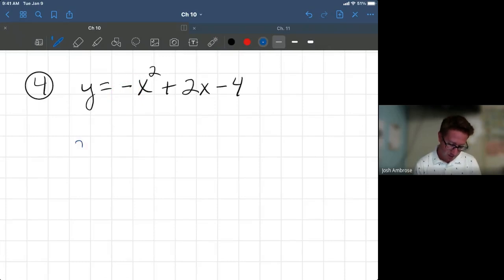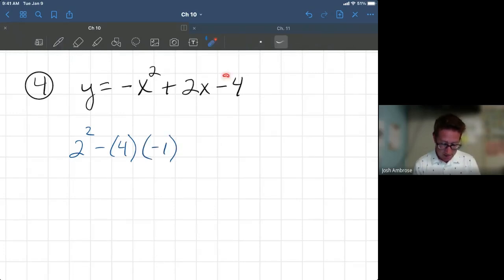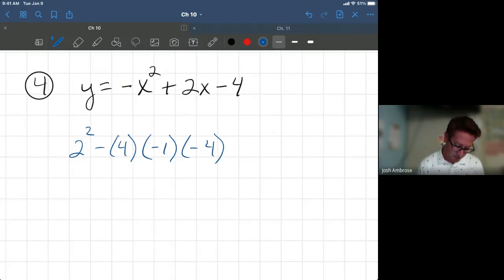All right, so we have b squared minus 4. A is negative 1. Also pay attention here, you got a negative 4 for your c value. So negative 4 right there. Okay, 2 squared is 4. This, think of it as a negative 4 times a negative 1. All right, so this right here will equal a positive 4.